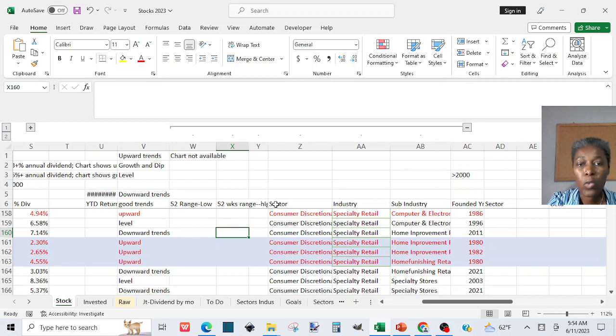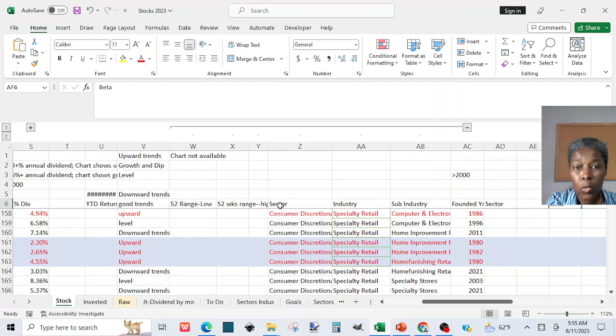So it's good to have a column for the sector, a column for the industry, a column for the sub-industry, and a column for the year it went public. You can have a column for beta as well. I don't use beta often, but I do use it from time to time.